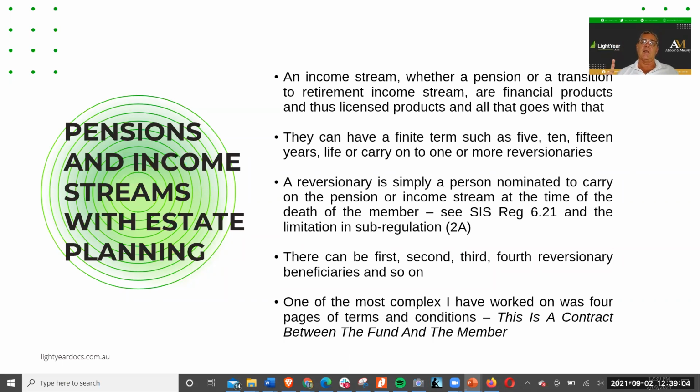Whereas if we do a really good strategy, so for example, let's say that we've got John Smith. John Smith is age 70, he's about to commence a pension. So what we're going to do is build a pension for him. We're able to build those pensions. So if he wants an income stream, we can elicit from him the terms and conditions around the income stream, what sort of income stream he wants.